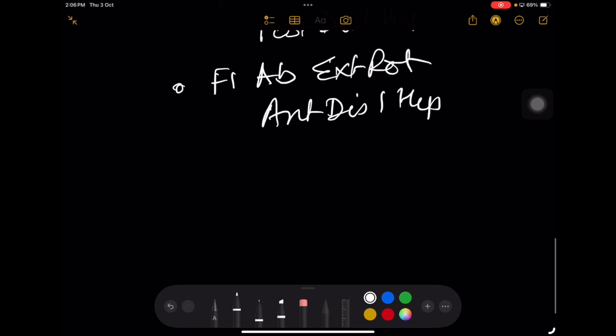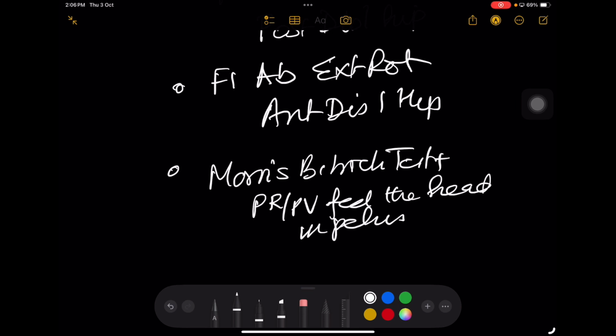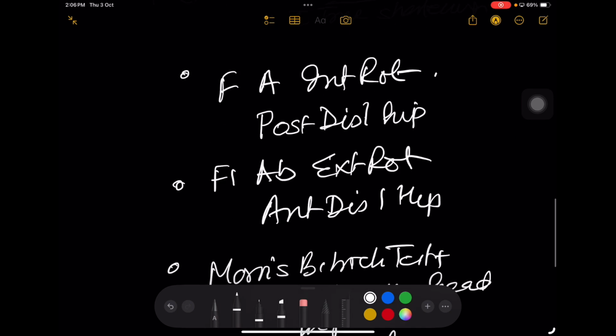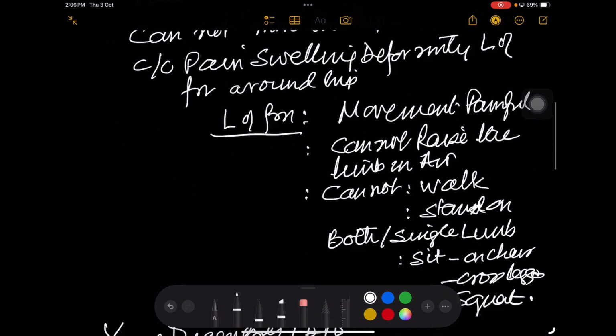If I say that the Morris's bitrochanteric test is positive, and you can feel the head in per rectal or vaginal examination, feel the head in the pelvis, then it is a central fracture dislocation hip. So that is the differential diagnosis of fracture neck of femur.